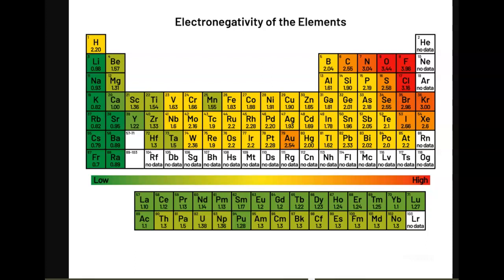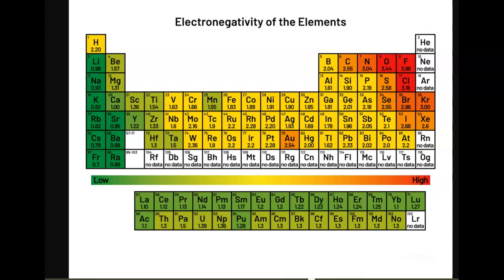And the element with the lowest electronegativity is number 87, francium. So it's a metal. So there is a general rule: metals have a lower level of electronegativity than nonmetals. And out of nonmetals, there are the most electronegative nonmetals known. Fluorine, the first one, then oxygen, then nitrogen, and chlorine.